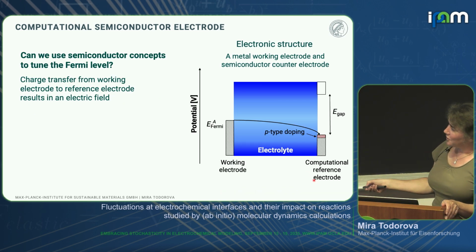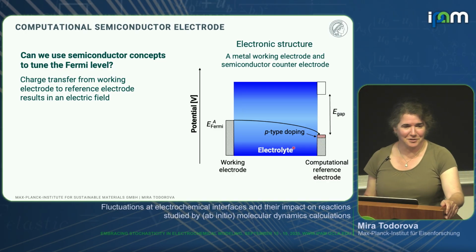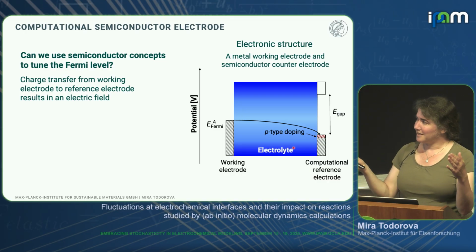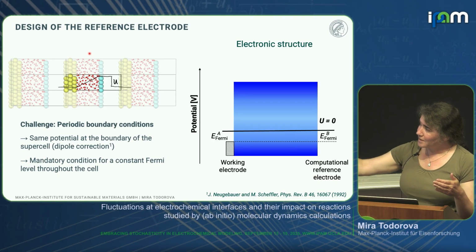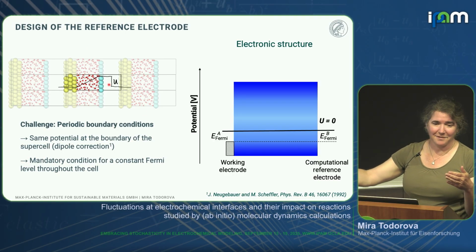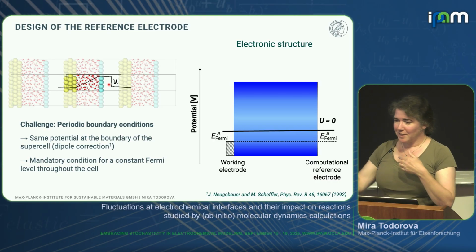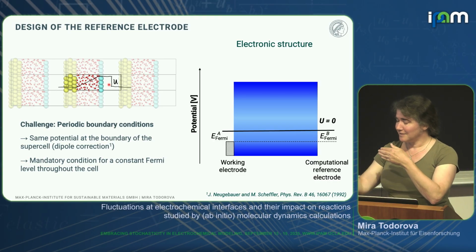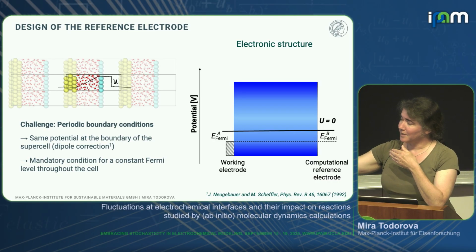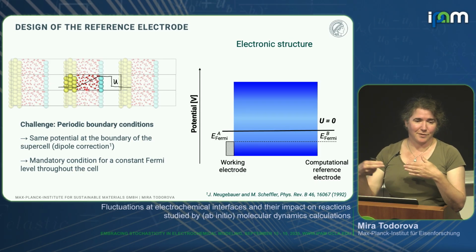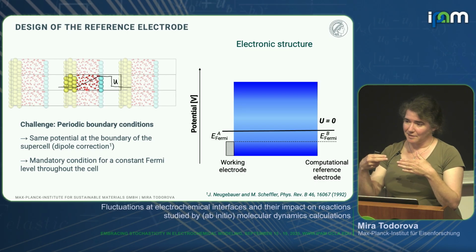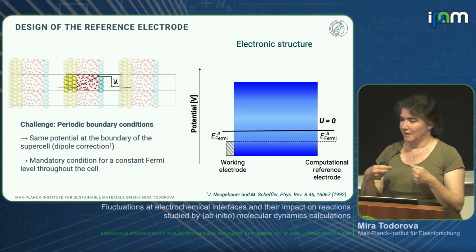However, finding a suitable semiconductor was not easy, because I have my two interfaces in the same cell, which means that I need to lattice match them. Most semiconductors, if I deform the lattice so that I ensure that my working electrode is not strained, my semiconductor electrode will be strained, and this will typically decrease the band gap.